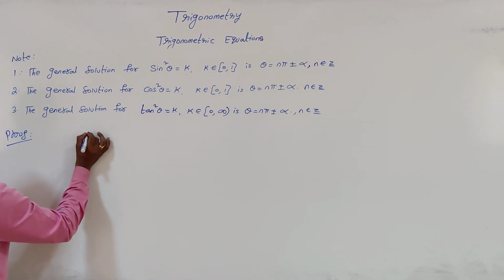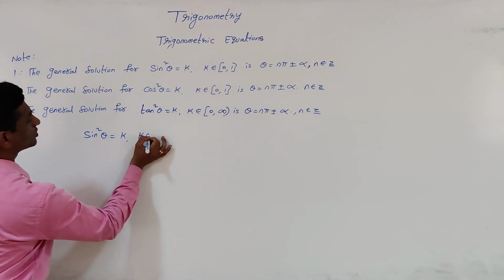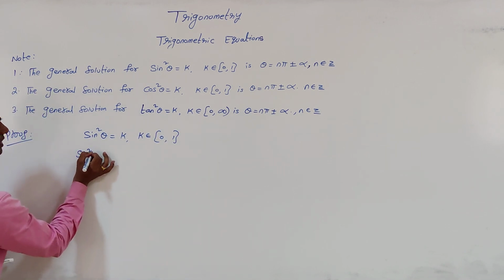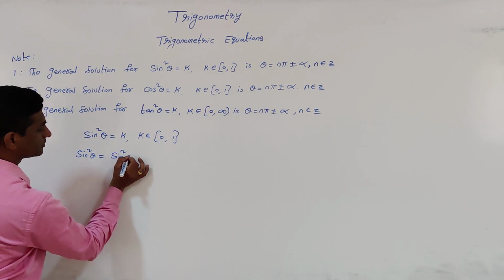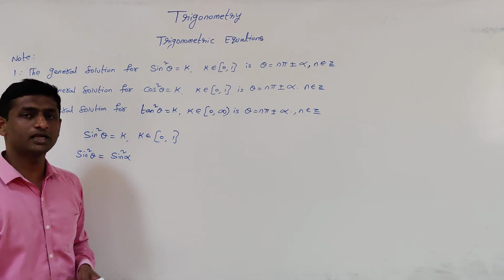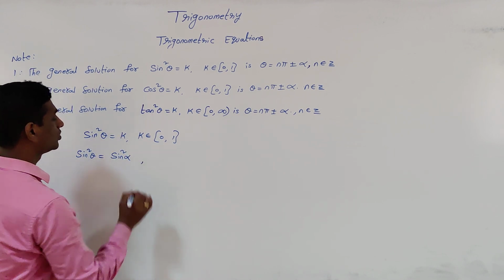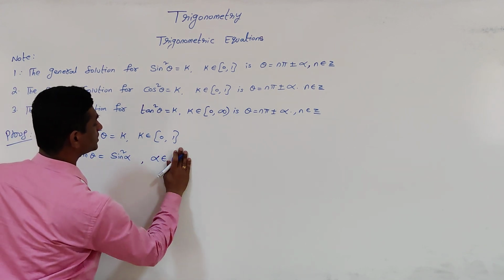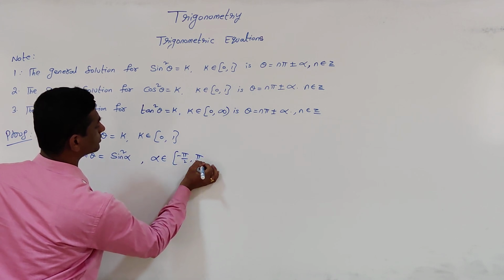So sin square theta is equal to k, where k belongs to the closed interval 0, 1. For k we can have some angle alpha such that sin square alpha is k, where alpha belongs to the closed interval minus pi by 2, pi by 2.